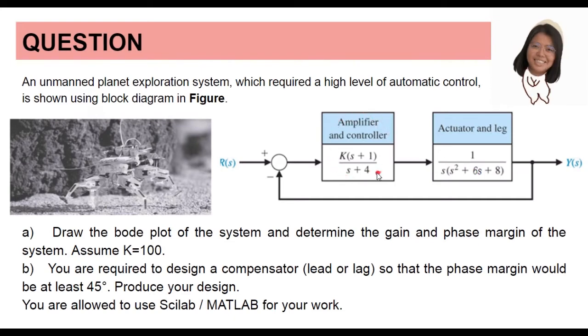The first is the amplifier and controller function, and the second is the actuator and lag function. Later, my partner will show the Bode plot using Scilab software. The reason we draw the Bode plot is to show the gain and phase response of a given LTI system for different frequencies.